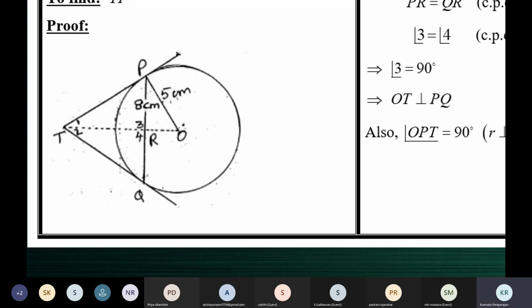So children, for this one you can use the Pythagoras theorem, or you can use similar triangles. I'll tell you using similar triangles. You should include the line segments whose lengths we know, 8 centimeters and 5 centimeters, and then maybe we can find the lengths of some line segments.